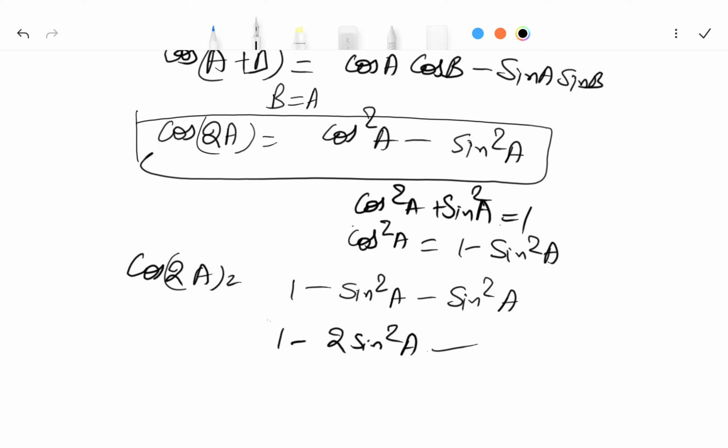And if I substitute for sin square A, then I will get another formula, but you people have to derive it by yourself.